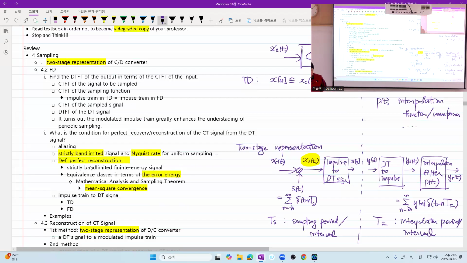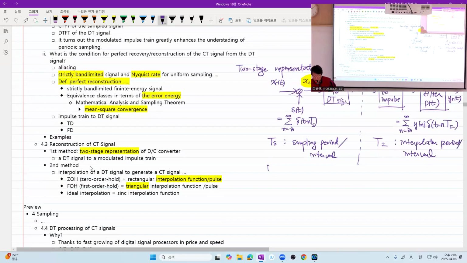And their inverses are called the sampling rate, interpolation rate, or frequency, some people.